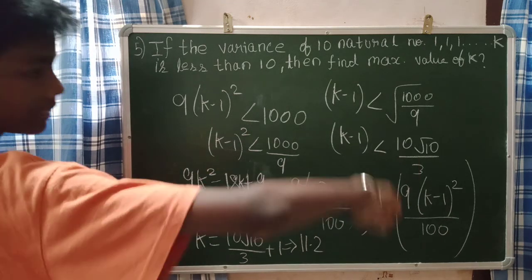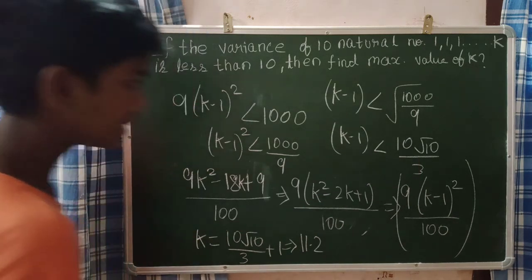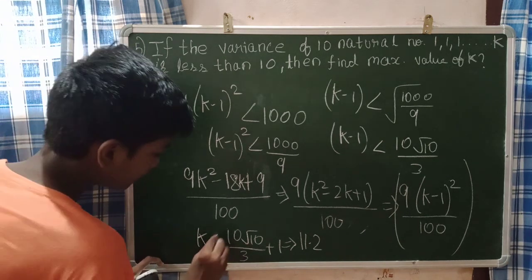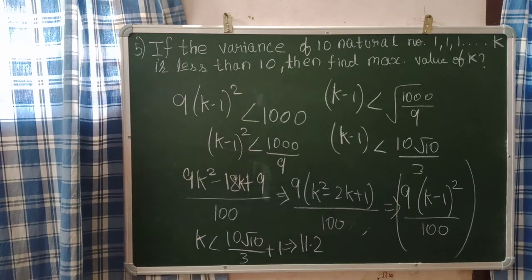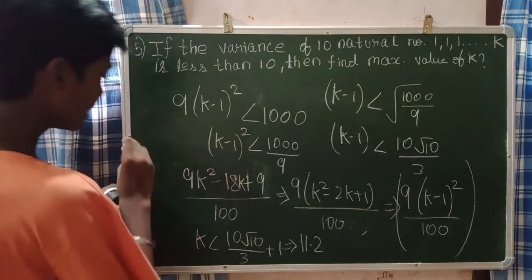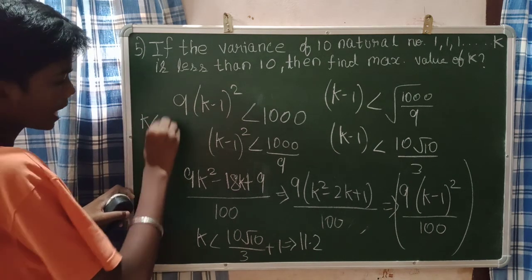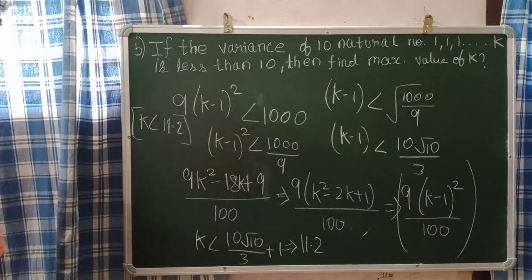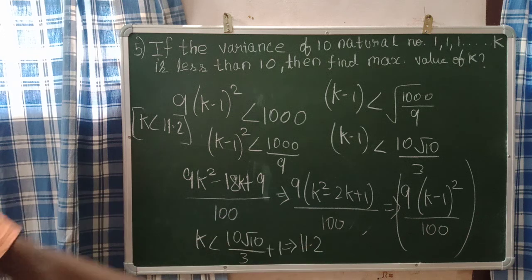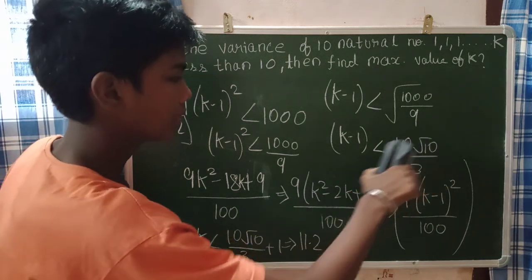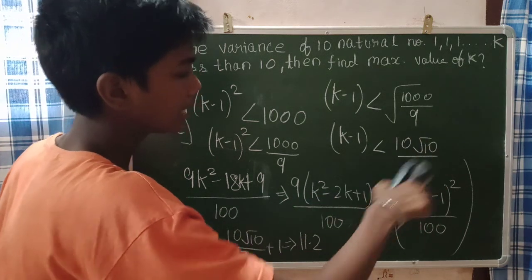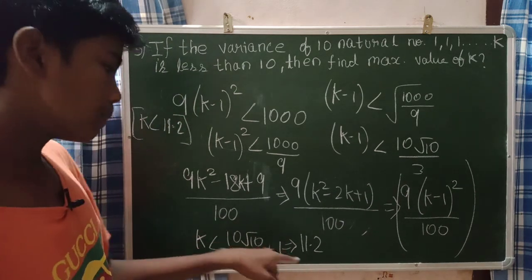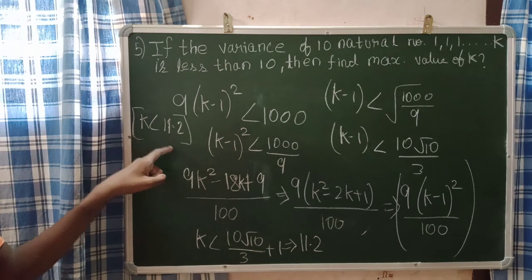So k minus 1 is less than 10 root 10 by 3, so k is less than 10 root 10 by 3 plus 1. Sorry if I wrote equal to, that was a mistake. So 10 root 10 by 3 plus 1 is 11.2, so k is less than 11.2.